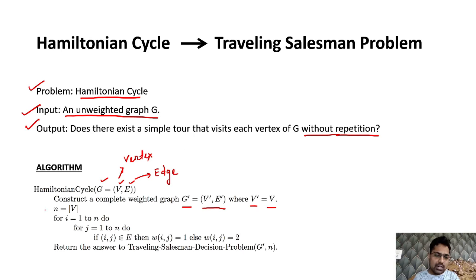Next, we are introducing N, which is the number of vertices. Whenever we write V in this order, the number of vertices will be shifted to N. This is how we represent it. I'm just writing an example.